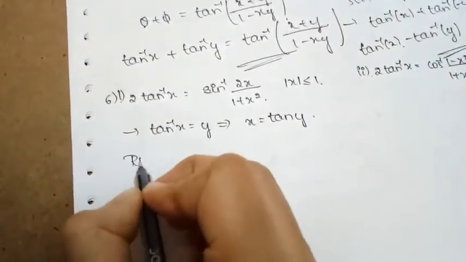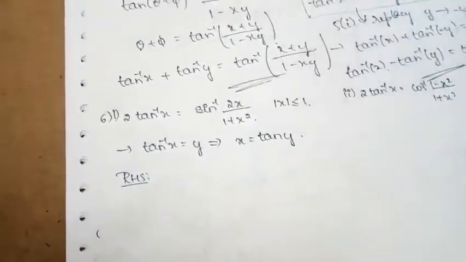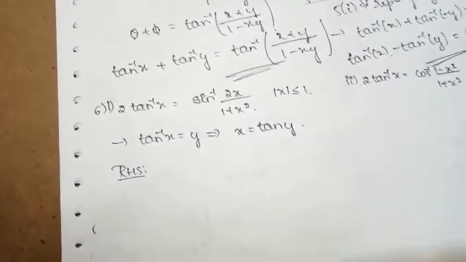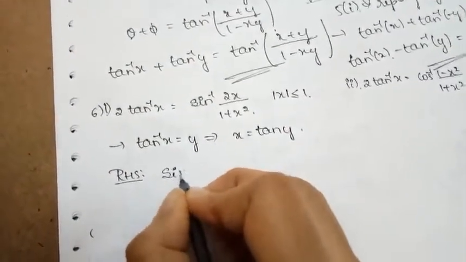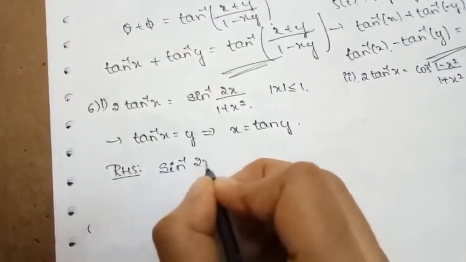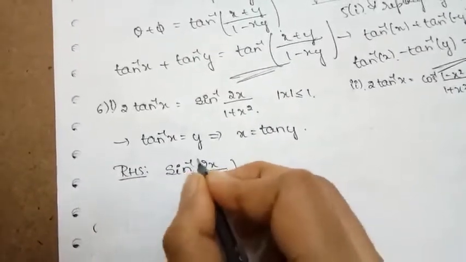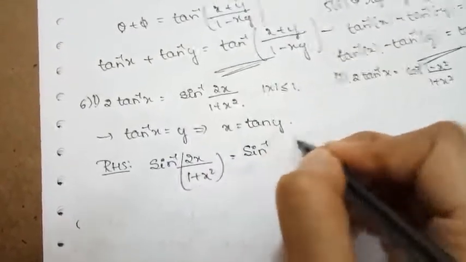In the beginning, now I am considering our RHS. Till now, whatever we have proved, we proved the RHS by considering the LHS, but here I am considering the RHS. So what is it? Sine inverse of 2x divided by 1 plus x square. What is x here? It is tan y.